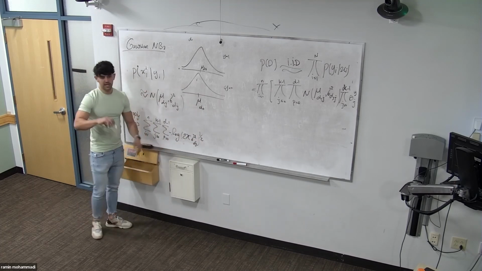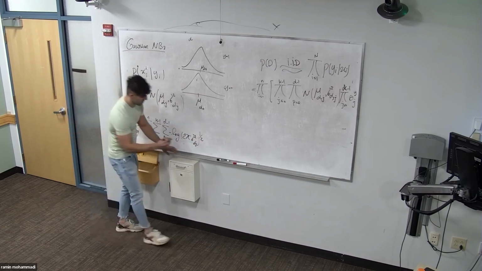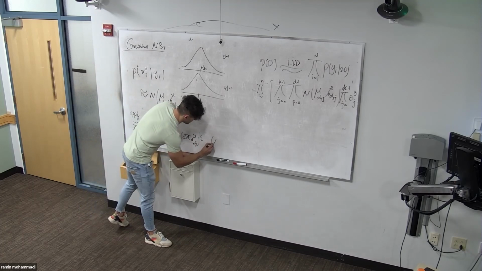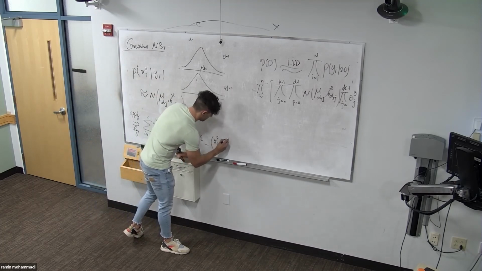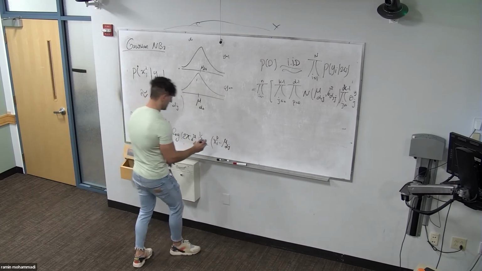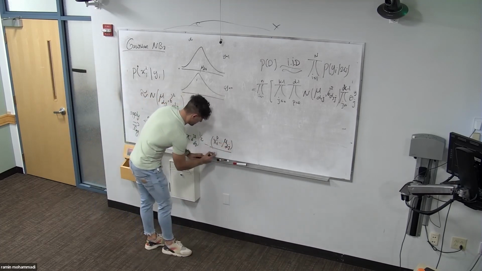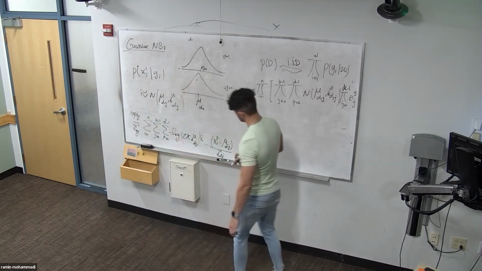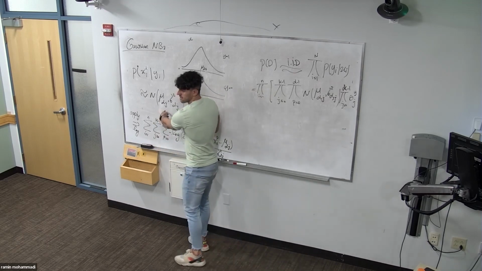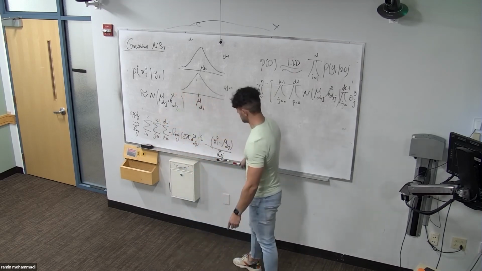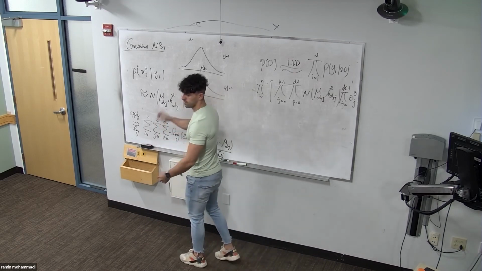Log and e in the Gaussian cancel each other. Minus x i e minus mu e j divided by 2 sigma e j, right? You just write a Gaussian using this and apply a log to it.